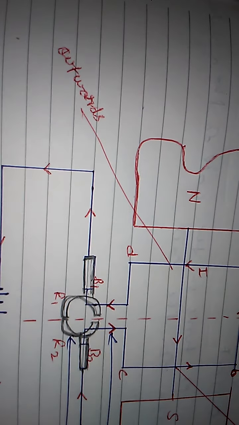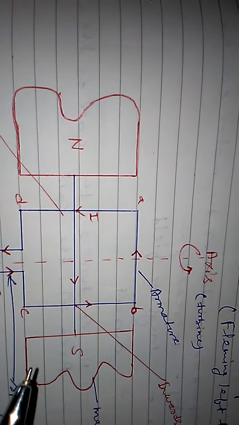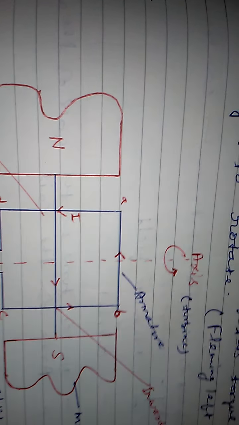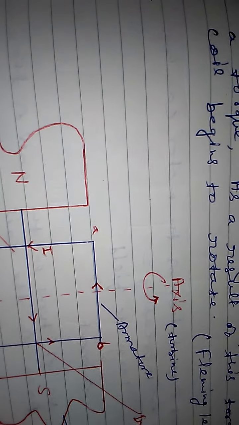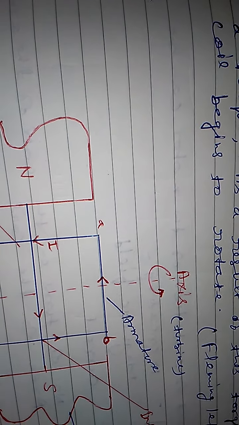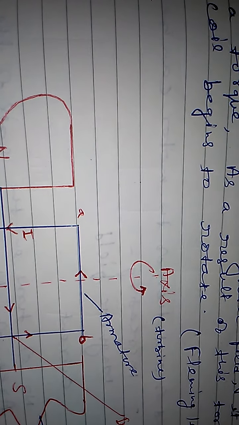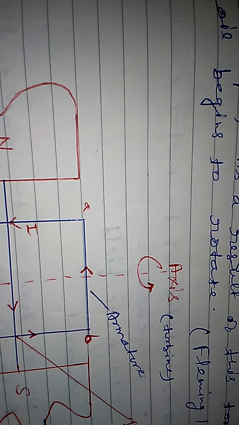That force helps it in the deflection, and due to deflection it starts rotating. One formula is already given to you, that is F equals BIL. I is the current, L is the length, and B is the magnetic field.